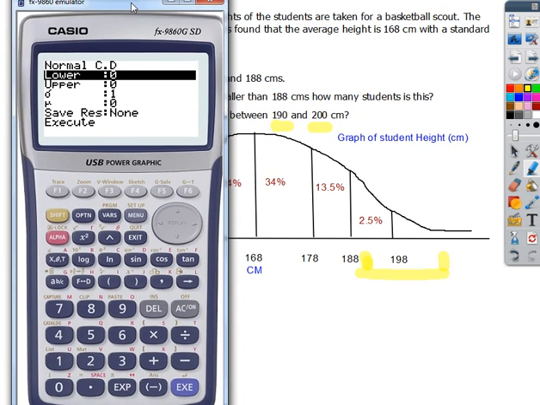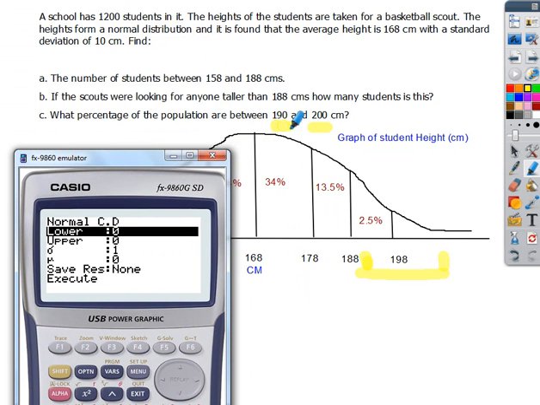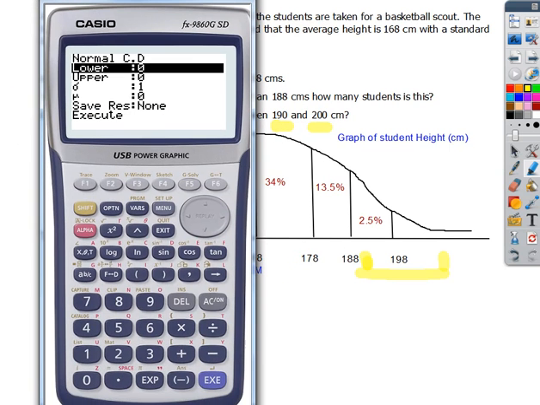The question tells us that we are looking for between 190 and 200. So our lower is going to be 190. Our upper limit is 200, between those two. Our standard deviation is 10. And our mean is 168.